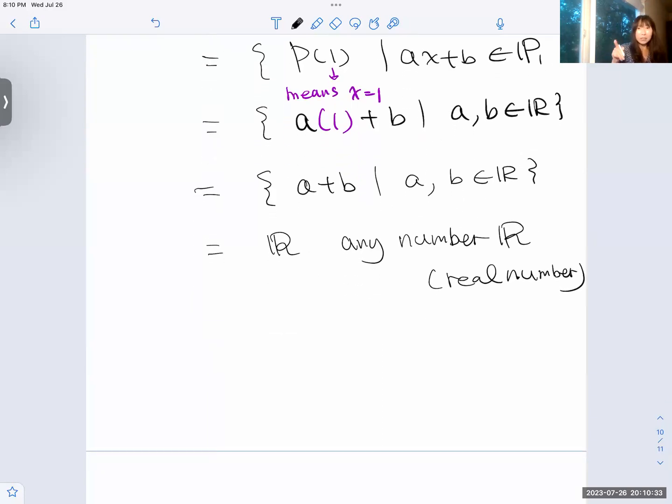Okay, the basis for the image of T is interesting. The basis for the image of T is 1.